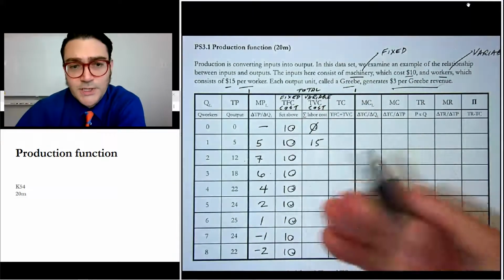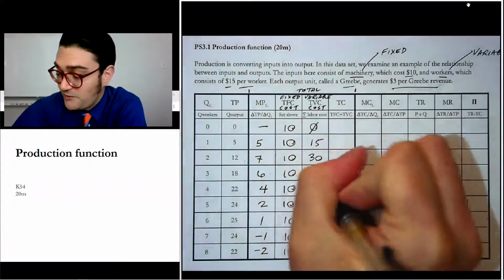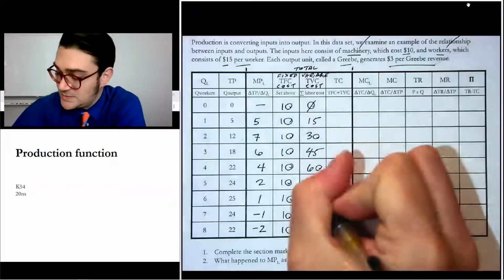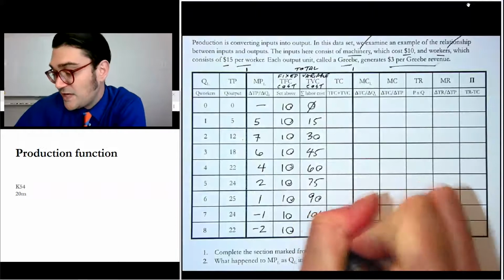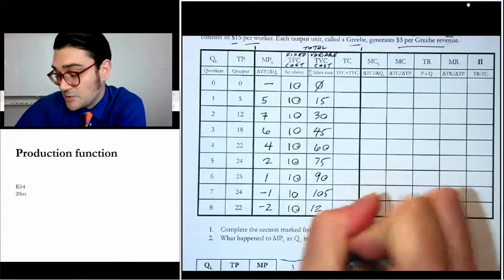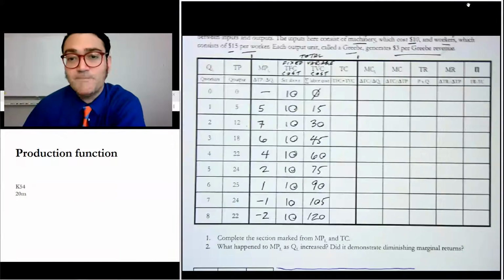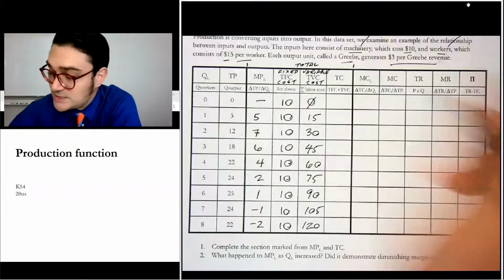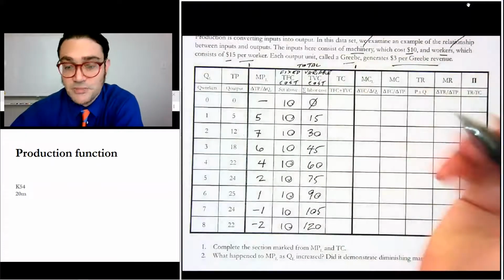What about 2 workers? 30. 3 would cost 45. 4 would cost 60. 75, 90, 105, and 120. Each time we're just adding a worker, and it costs $15 more in our little grebe shop.